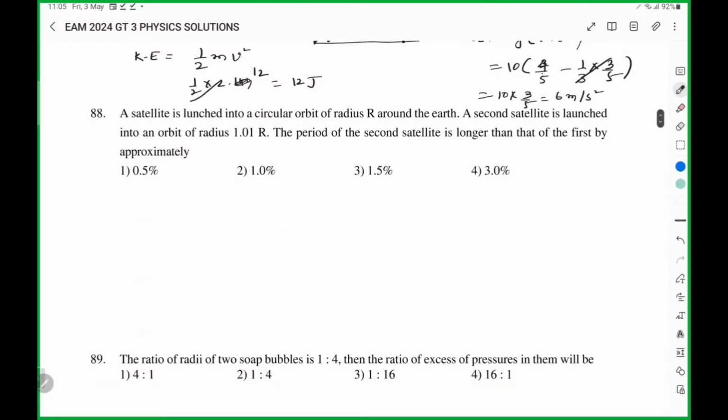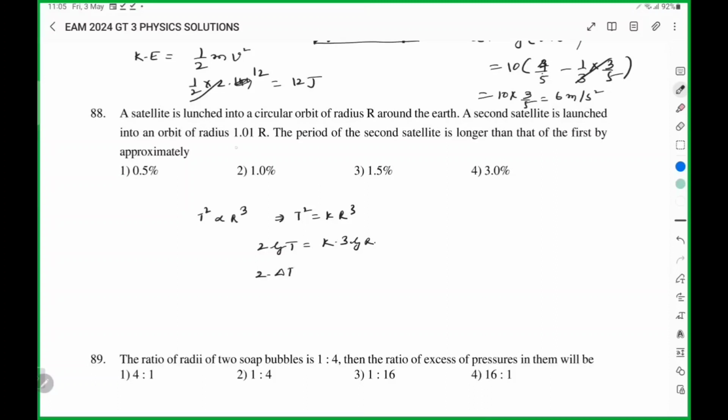A satellite is launched into a circular orbit of radius r, and a second satellite into a radius r plus delta r. So T square is proportional to r cube. 2 log T is equal to log k plus 3 log r.